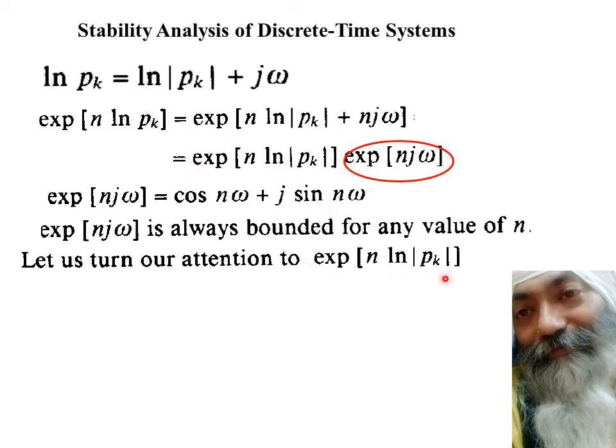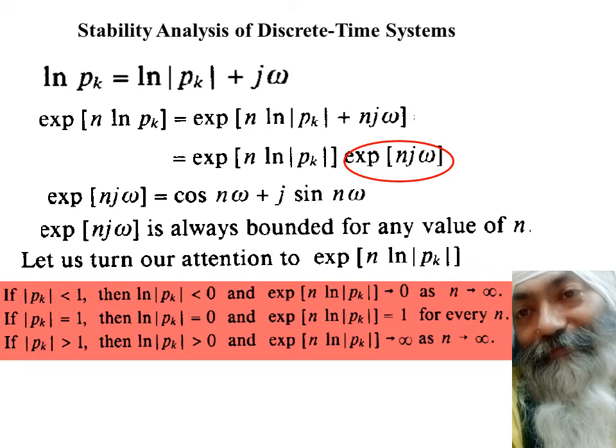And even this is not very tough, as we will be exploring one by one what will be the value of pk. See, it's exponential raised to the power log natural of pk. Now let us explore three possibilities. Let us explore three possibilities, that this pole, the magnitude of this is less than 1, or equal to 1, or greater than 1.